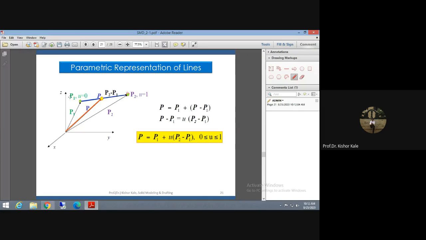If you consider x1, y1, z1 as the coordinates of P1 and x2, y2, z2 as the coordinates of P2, then the distance of P1 from the origin would be the square root of (x1 minus 0) squared plus (y1 minus 0) squared plus (z1 minus 0) squared. That gives the distance of P1 with respect to the origin using the distance formula.